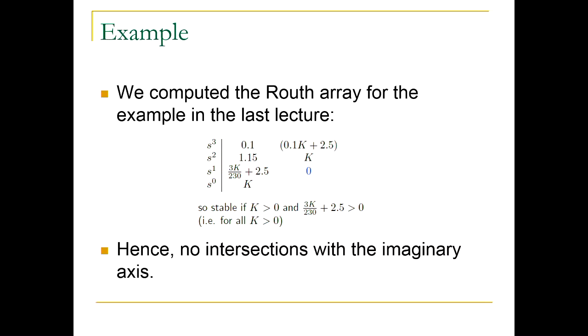What we found is that the first column does depend on k, but k is positive. So if k is positive, then there will be no changes in sign in the first column. Since k is positive, everything will be positive. So we are good. What does this tell us?